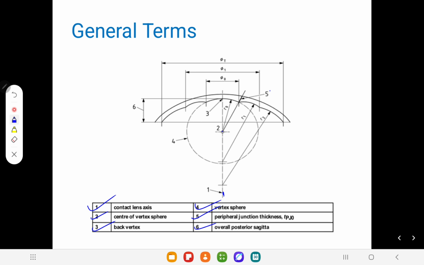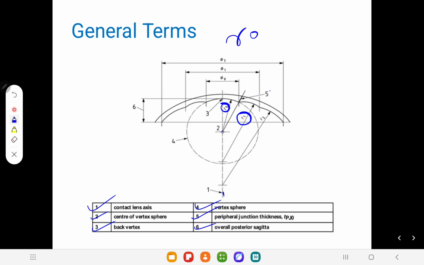Can you see here? R naught means radius. Radius of what? Radius of the base curve, isn't it? So r naught is actually the base curve. R1 is the radius of the first periphery. So r naught is steeper than r1, because r1 is flatter than r naught, isn't it?